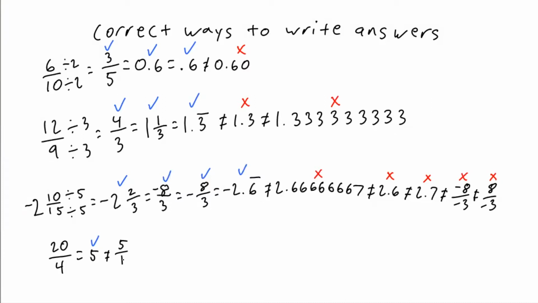Again, it's not fully reduced because it's left as a fraction, but it doesn't need to be. So this is not a correct way to write it. Also, people may try to put it as a decimal, like 5.0. Again, the point 0 is not needed. So again, not a correct way to write it.